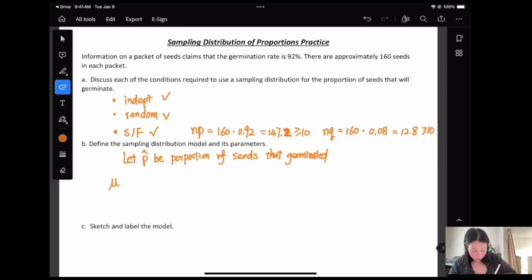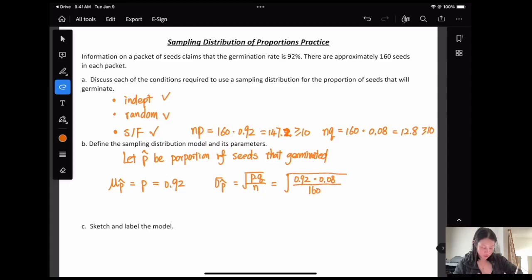By the property, we know that the mean of the sampling distribution of the proportion is equal to the actual proportion, which is 92%, and sigma, the standard deviation of the sampling distribution, is the square root of the success rate times the failure rate divided by the sample size, which is the square root of 0.92 multiplied by 0.08 divided by 160 seeds, which is 0.02145. I calculated it by calculator.